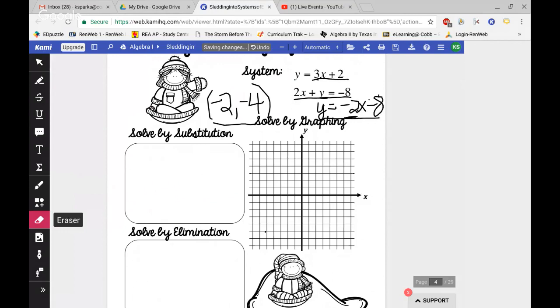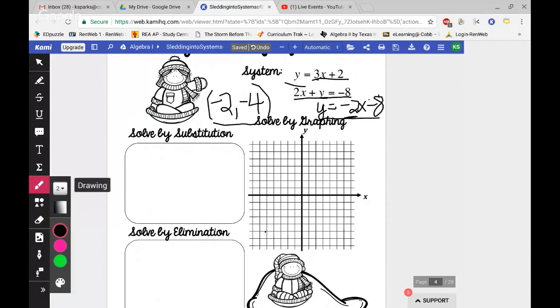Okay, you agree with me that this is in slope intercept form? Yes. Okay, so let's just graph that one. So I would go up 2 for my y-intercept, right? And then now what I'm going to do is go down 1, 2, 3, left 1. Down 1, 2, 3, left 1. Hold on just 1 second. Oh, I didn't go up far enough.